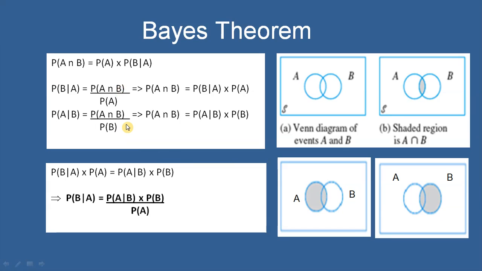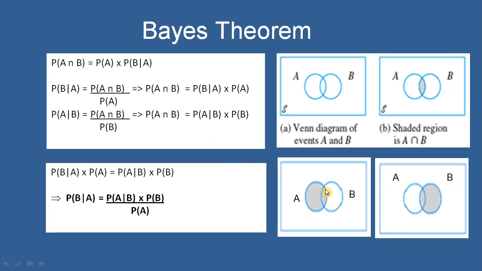From this we can derive P of A intersection B equals P of B given A into P of A. Similarly, P of A intersection B equals P of A given B into P of B. In both of these statements, P of A intersection B is common.